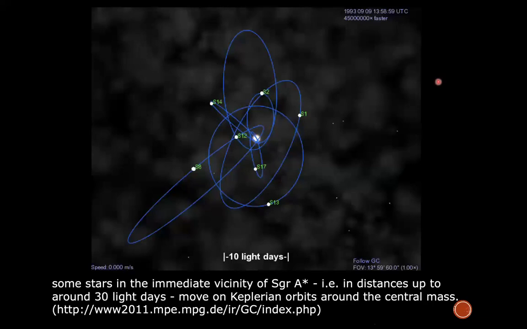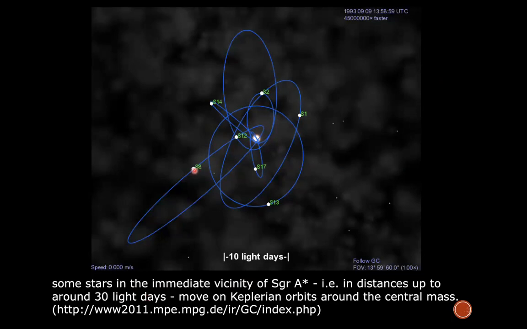Now this is the object that we discussed in one of the previous examples, which you can go and look at. This particular object, which we called Sagittarius A, is what you have at the center of our own galaxy. Astronomers have looked at some of the stars in the immediate vicinity of Sagittarius A, within a distance of up to 30 light days, not light years.